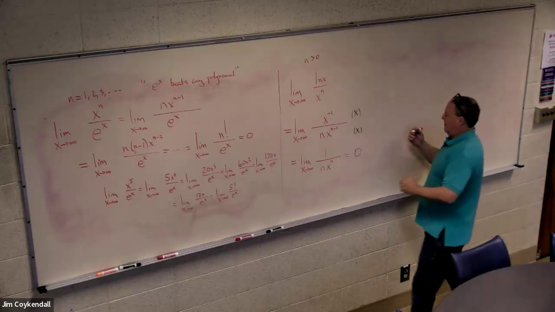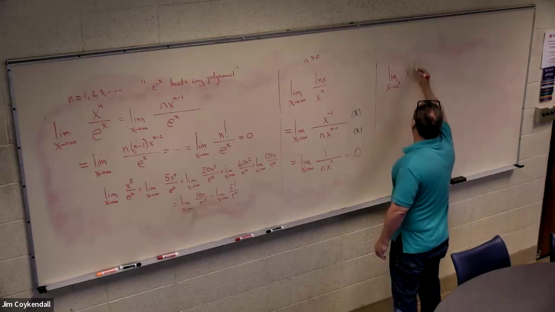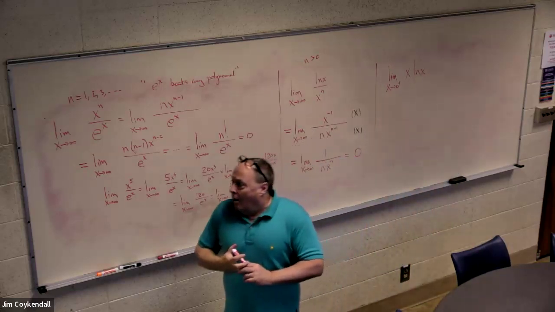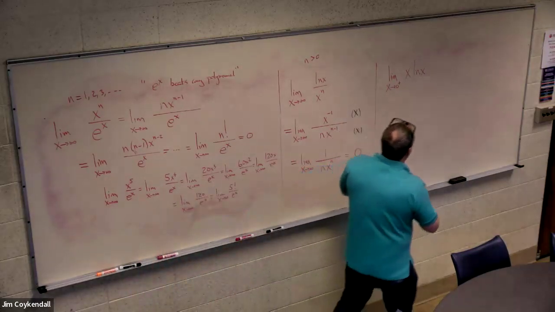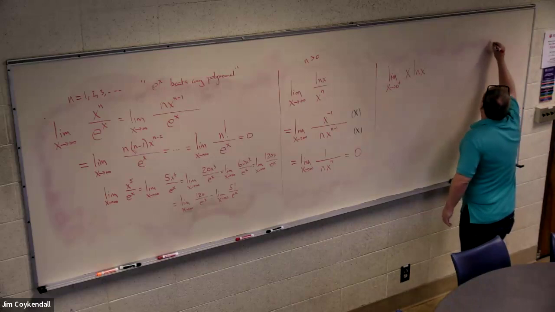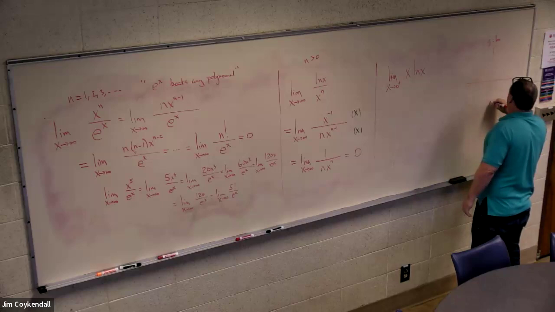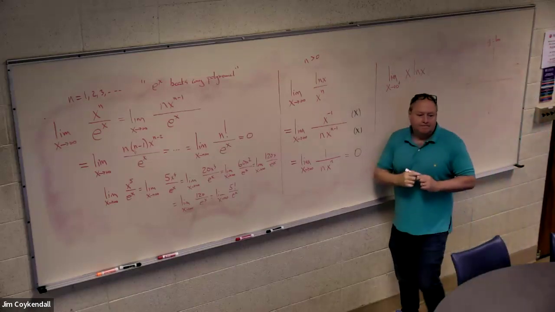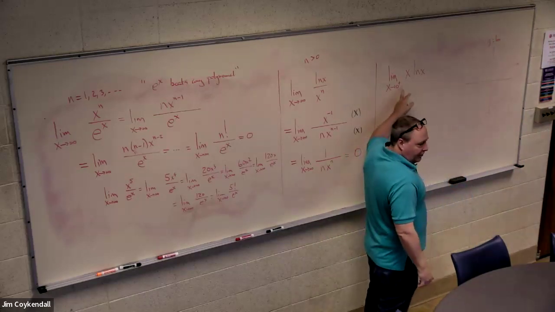There's another. How about this: the limit as x goes to 0 from the positive side of x log x. Why is x going to 0 from the positive side?